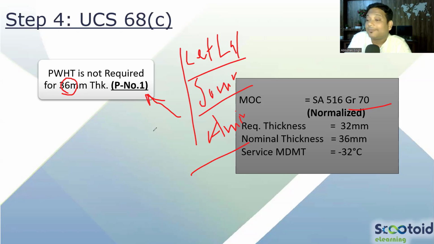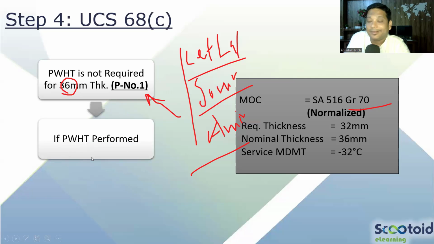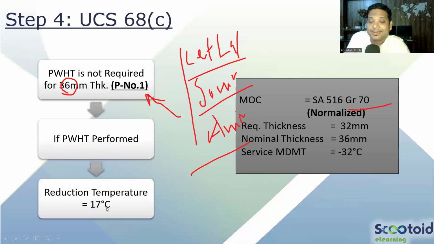So if you are doing it, in that case you will be able to take the advantage of reduction in temperature. How much reduction in temperature? 17 degrees Celsius. So can you tell me what exactly is my new MDMT, the material MDMT?